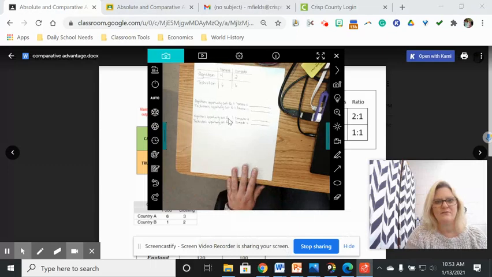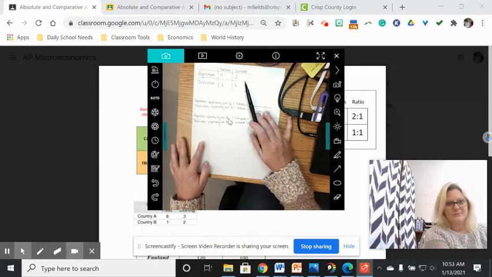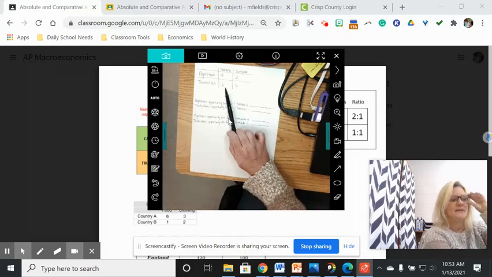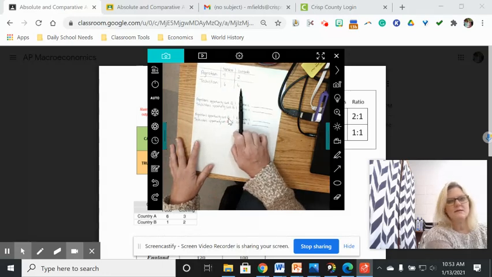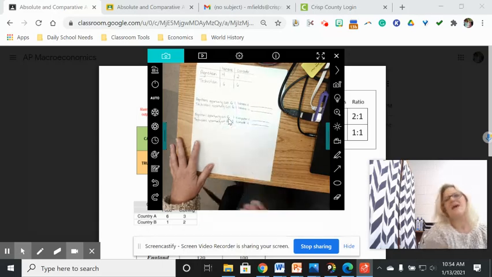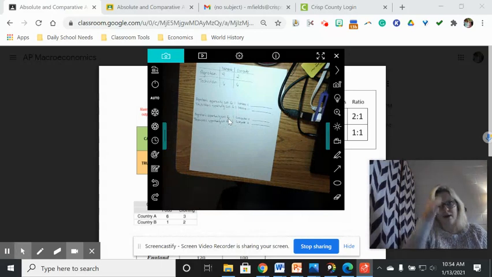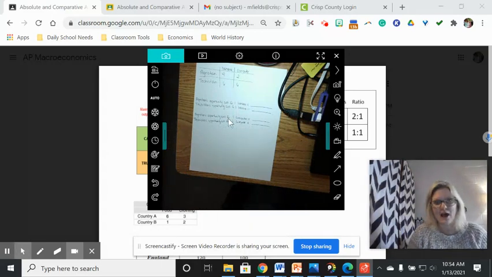I know it's a little out of focus, but I have drawn Agristan and Tekistan here, where you can see Tekistan makes six bananas compared to Agristan's 4 bananas, and Tekistan makes 6 computers compared to Agristan's 2 computers. So Tekistan has the absolute advantage in both products. But what we're looking for now is who is going to have the comparative advantage. And to figure that out, we're going to figure out who has the lower opportunity cost for producing each product.